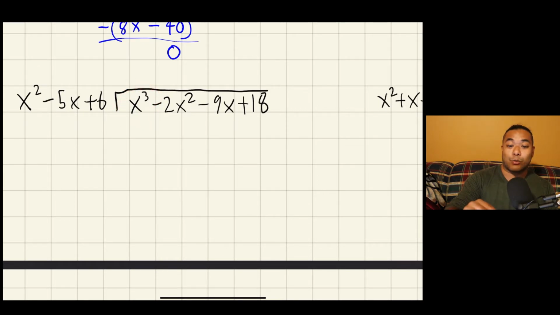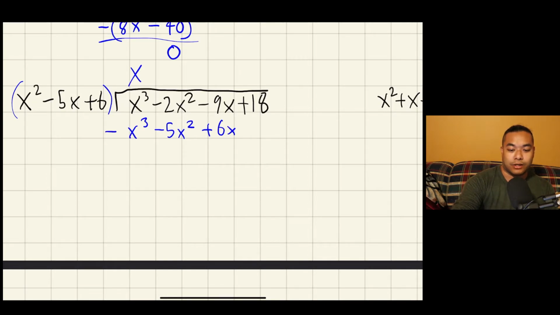So I say x squared times just x would give me x cubed. So if I multiply x times x squared minus 5x plus 6, I get x cubed, negative 5x squared, and positive 6x.